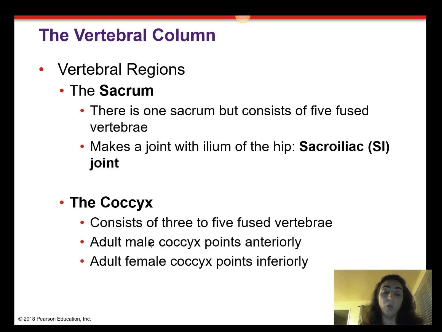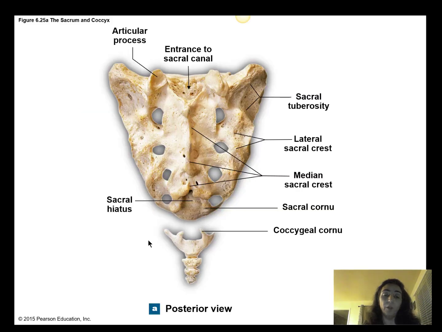So remember this difference. Male coccyx points anteriorly, the female coccyx points inferior.